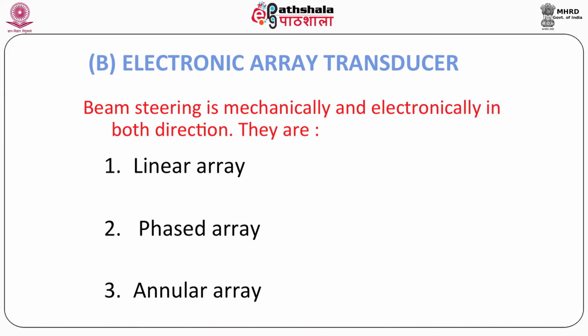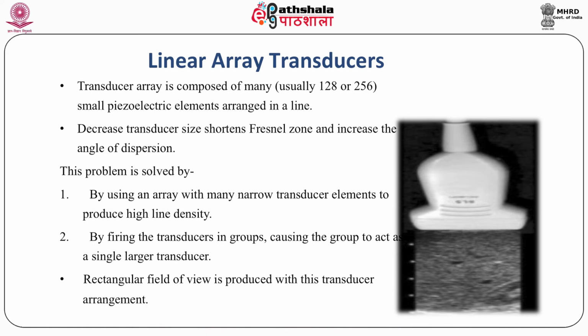Now coming to the electronic transducer, as you can see here, it can have a linear array. This consists of a number of small rectangular shaped transducer elements arranged in a line. The transducer array is composed of about 128 to 256 small piezoelectric elements arranged in a line of about 12 centimeters.